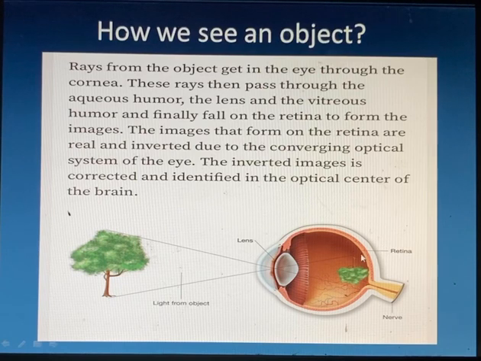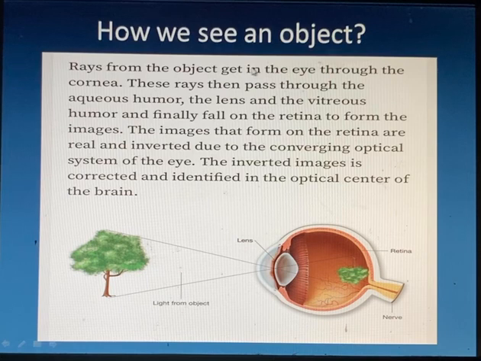This reversed image is formed, and the information is received by the optic nerves and finally sent to the brain.